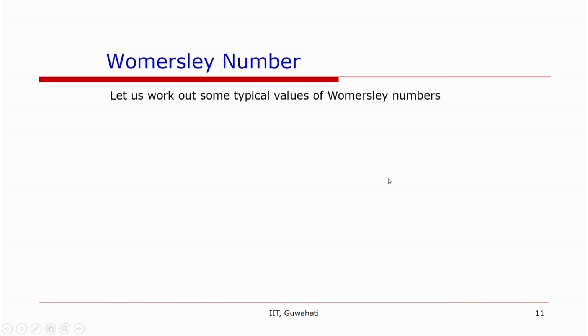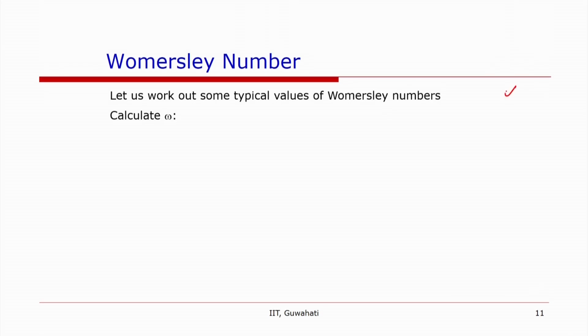Now we will look at some of the typical values of alpha squared, or the Womersley number, that we encounter in general. We know that alpha squared is equal to a squared omega over nu. So let us find out what are typical a, omega and nu.